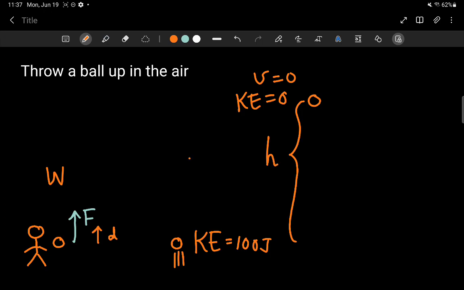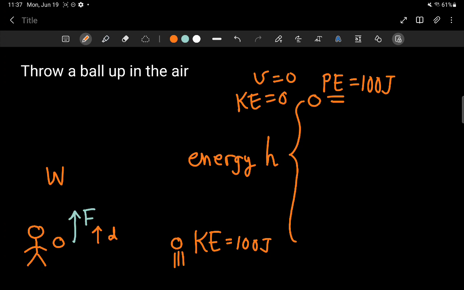So this is where the energy is, right? So our system, at the point at which the ball is at the highest place, is exhibiting its energy in the form of potential energy. It's got all 100 joules of energy, but the way it exhibits it is as potential, no longer kinetic.